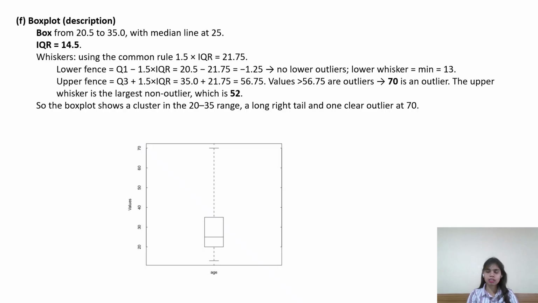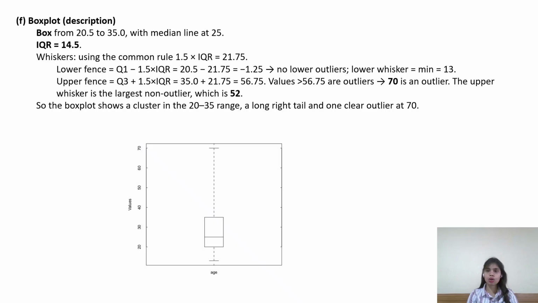No lower outliers. Lower whisker equals min equals 13. Upper fence equals Q3 plus 1.5 times IQR equals 35 plus 21.75 equals 56.75. Values greater than 56.75 are outliers.